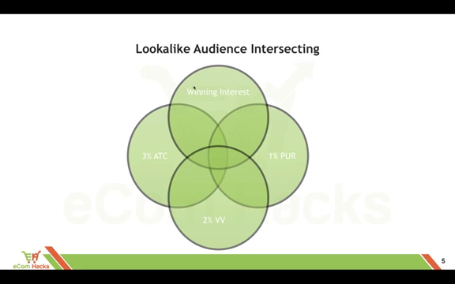You can intersect your winning interests. So maybe women between the age of 45 to 55 who love Real Housewives. And then intersect that with a 1% lookalike of purchasers, 2% of video views, and 3% of add to cart. You can get that very dense group of people who will buy your product. And that's super powerful stuff.